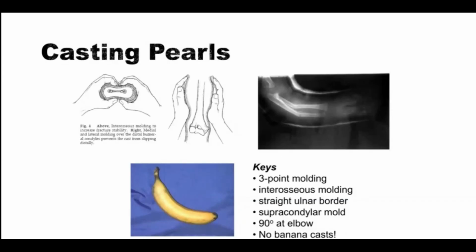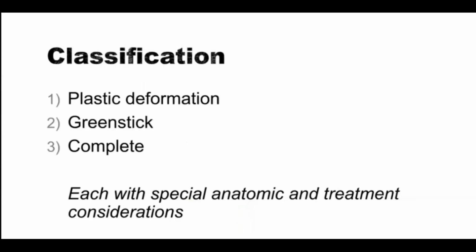It just needs to reduce that pressure by valving the cast or cutting the cast to make it no longer a truly circumferential immobilization device. Yeah, good point, Jason. And I think that, yes, if you're trying to monitor for compartment syndrome, it can be harder to do in a cast as well.